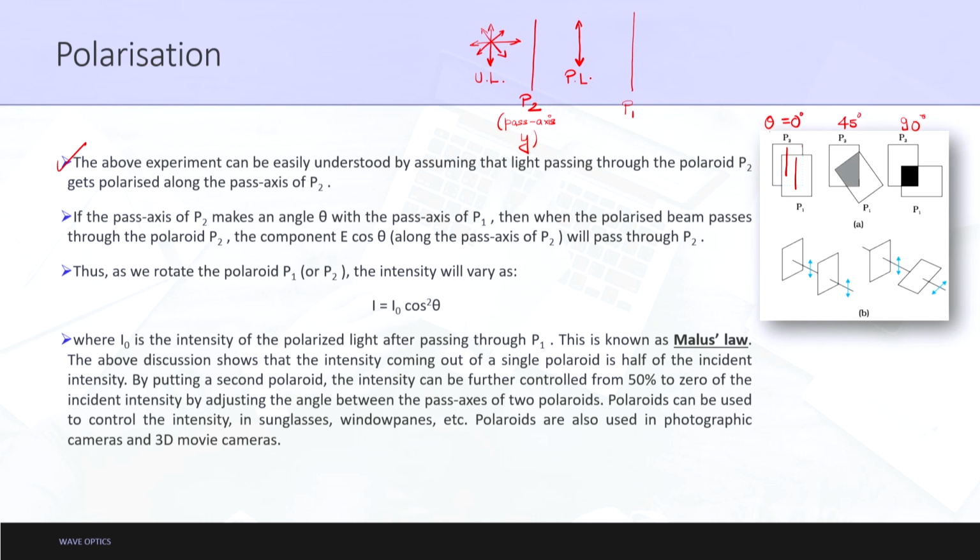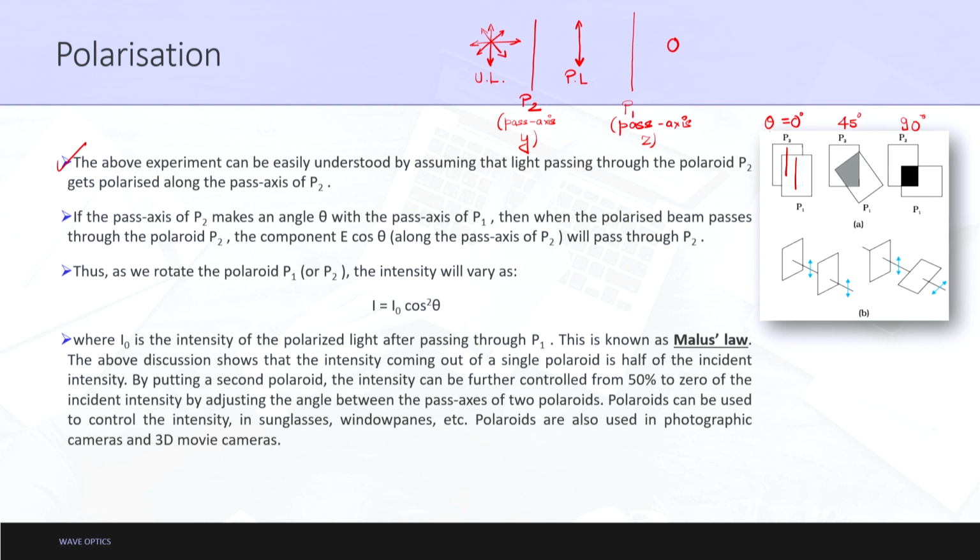Now after this, let us suppose we take a scenario in which the pass axis of this Polaroid is Z. Because anything on the left hand side of P1 does not have an electric vector propagating in the Z direction, everything from this Y direction polarized light will be absorbed, hence there is no light being formed here, and the intensity will be 0 in this case.